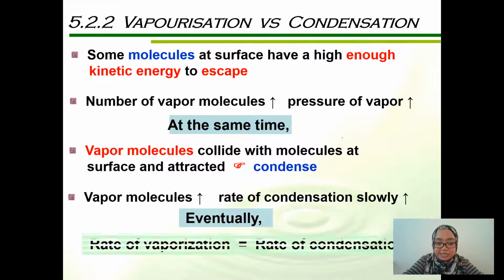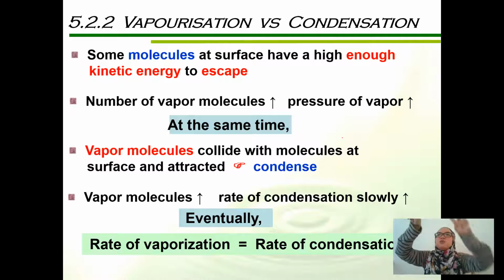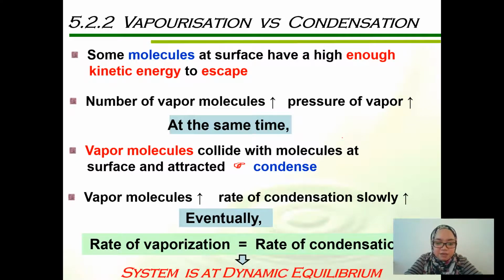So eventually, the rate of vaporization is equal to rate of condensation. Macam tadi lah saya bercakap. Dua liquid go into gas phase, dua gas phase punya molekul jadi liquid balik. Dia berlaku pada rate yang sama, at the same rate. So by having said that, we can say that the system is at dynamic equilibrium.